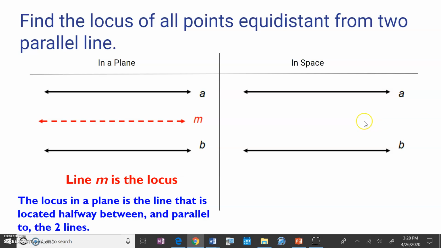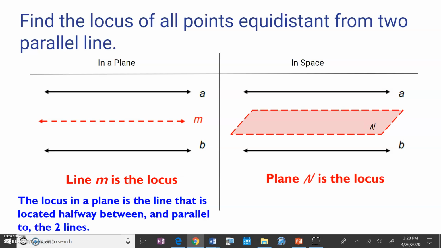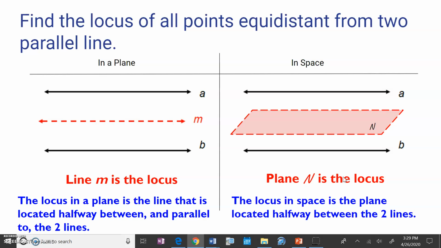All of the points on that paper are going to be equidistant. So we would represent that as a parallelogram, but that's really a plane. So that plane, I named it plane N, is the locus.